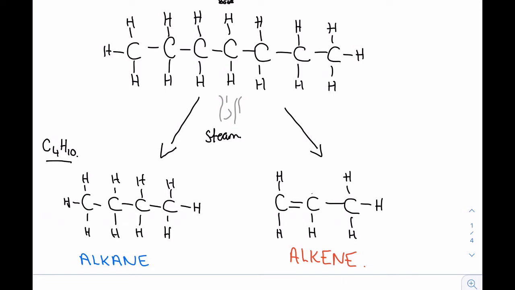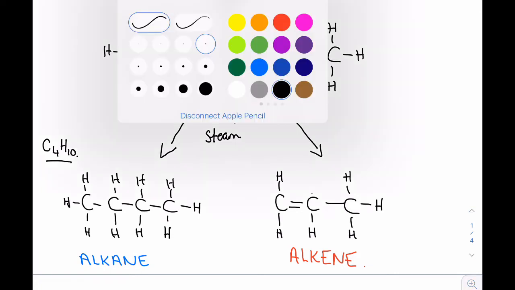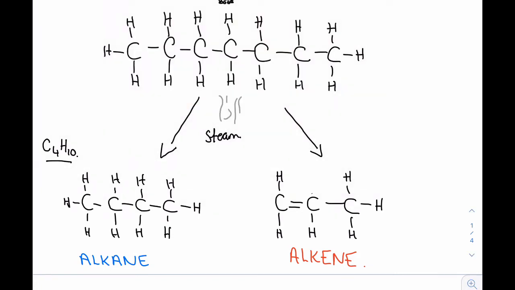We're cracking it in half, but not straight in the middle; we're going to have half on one side and the other half on the other side. So we're always going to have the same number of carbons and hydrogens at the beginning and at the end. This side has got 4 carbons, so 1, 2, 3, 4, that means it must have cracked between this 4th and 5th one.